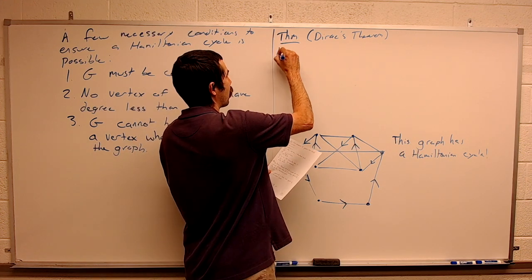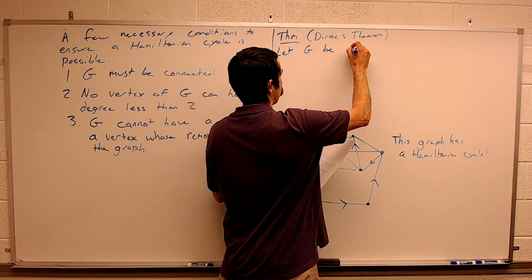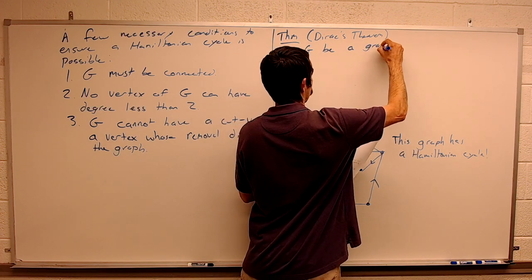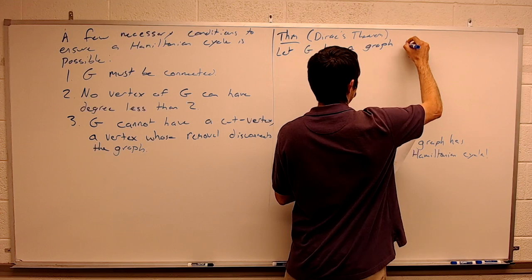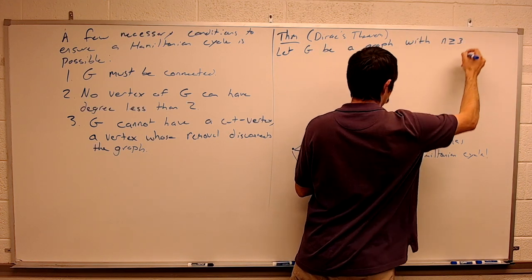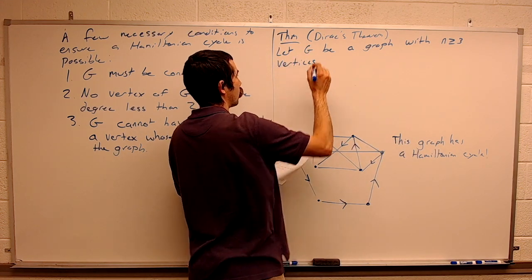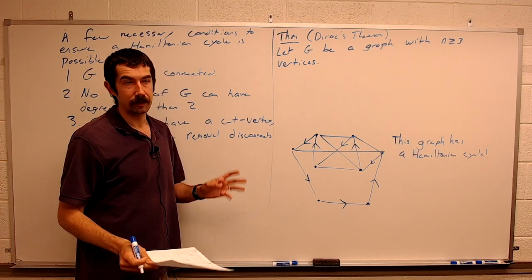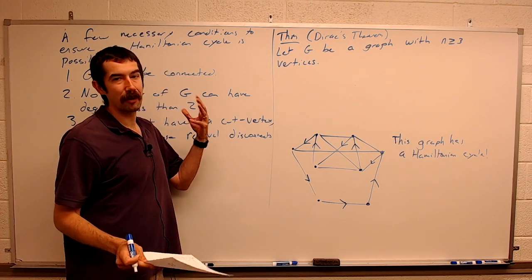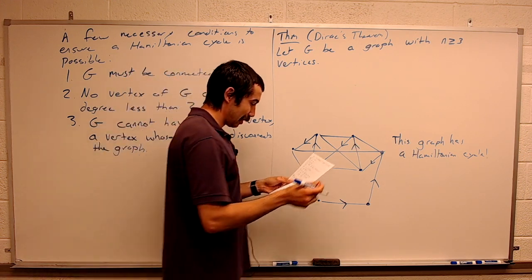All right, so what does Dirac's theorem say? It says let G be a graph with at least 3 vertices. Okay, so we have a graph with at least 3 vertices. It's almost every graph.